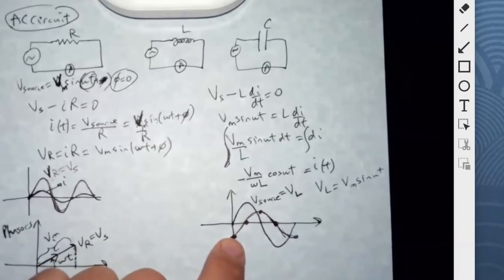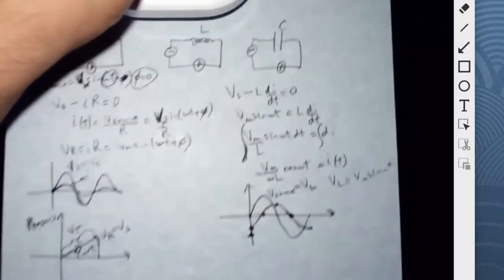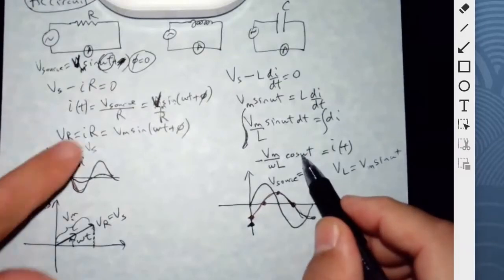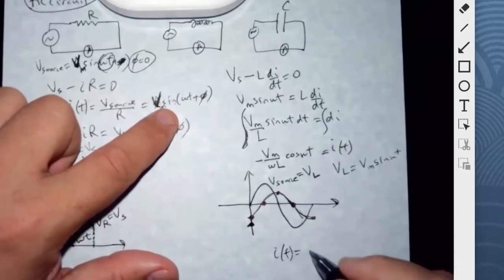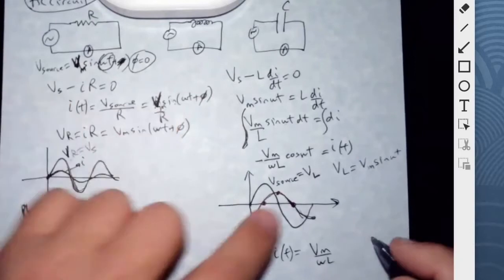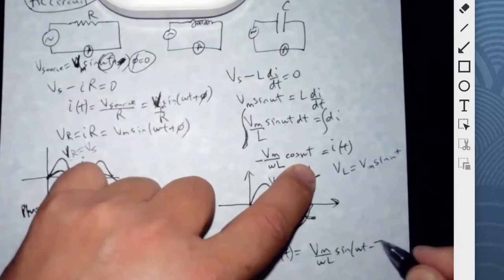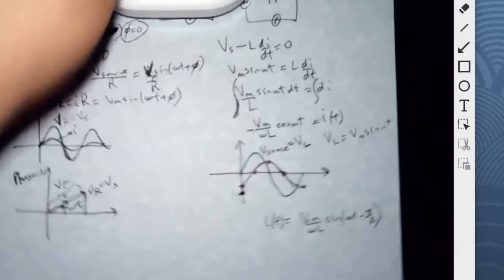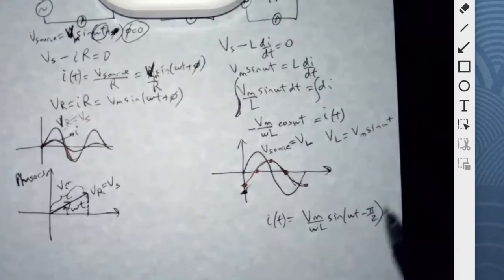Okay, so how would we write that so that we can compare the two? How would we rewrite that? We could rewrite negative cosine as sine. Vm over omega L, sine of omega t minus pi over 2, I think. Or should we do plus pi over 2? They're out of phase by pi over 2 radians from each other.